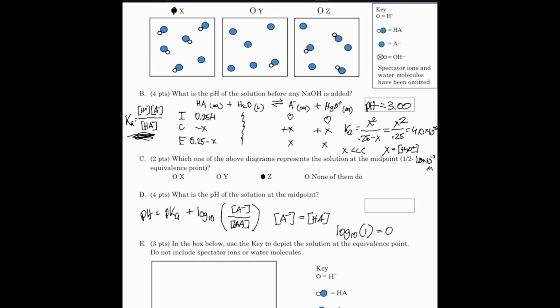What you end up finding from that is that your pH at your midpoint is equal to your pKa. And you get your pKa by taking the negative log of your Ka, which in this case gives you a pH of 5.40.